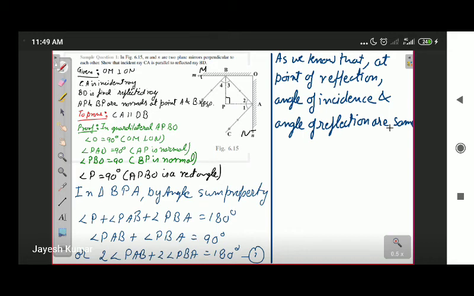Or you can say they are exactly equal. It means same.